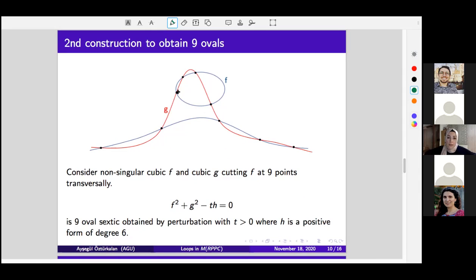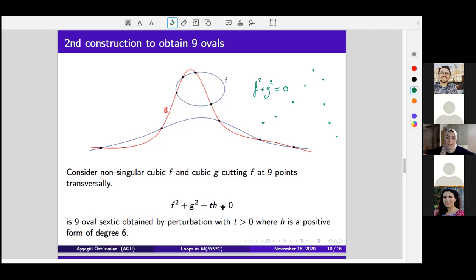Here we have nine intersection points. When you say F squared plus G squared equals 0, it is exactly just these points on these curves.